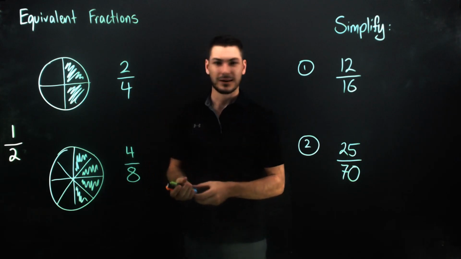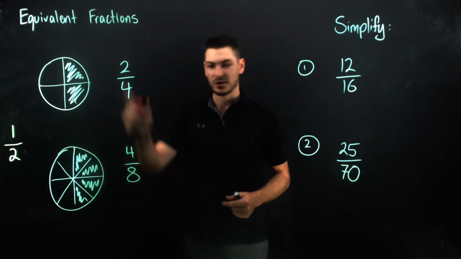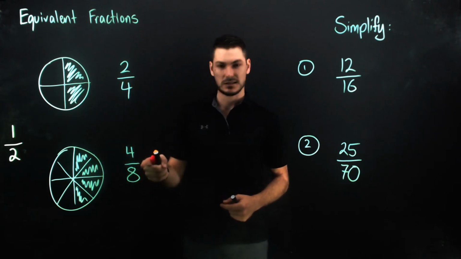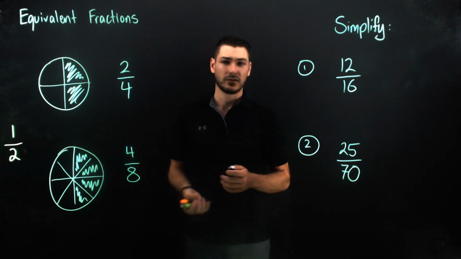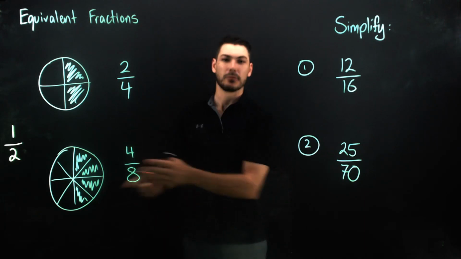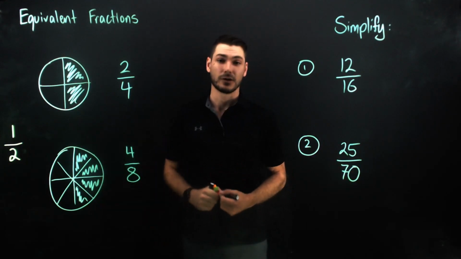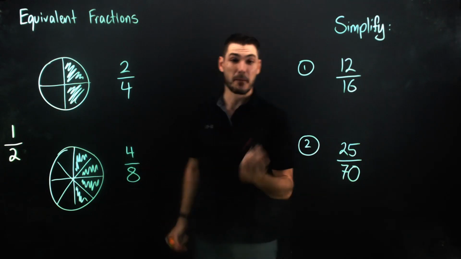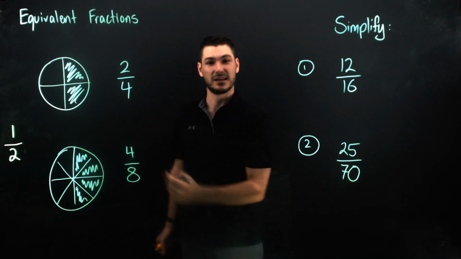And so what I need to ask myself is, well, if I'm not thinking about pizza, if I'm just thinking about fractions, how do I get from here to here in pure mathematics? Well, all I have to do is realize that I have doubled, or times by 2, the amount of slices that I have in total. So what I've done is I've taken the amount of slices, 4, and I've doubled it. I've turned it into 8 slices.